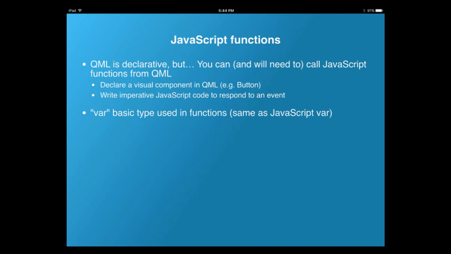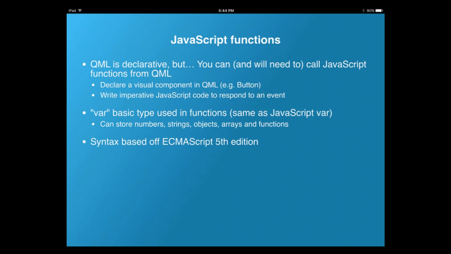I can use any sort of the basic var type in my functions, like in JavaScript. It can store numbers, strings, objects, arrays, and other functions. As Michael pointed out, it's based off of ECMAScript 5th edition.